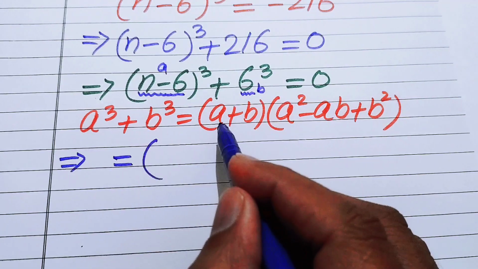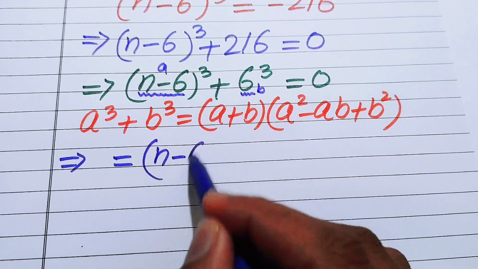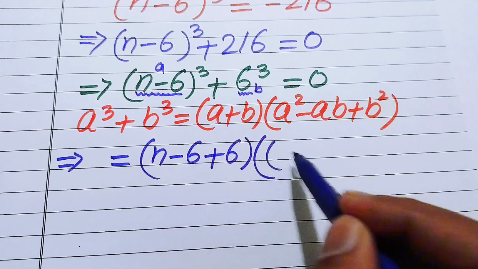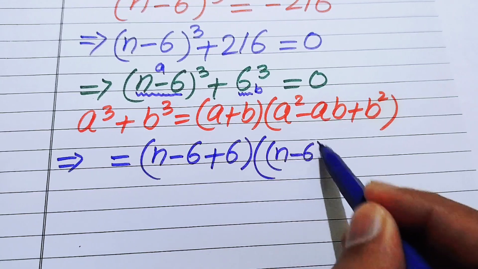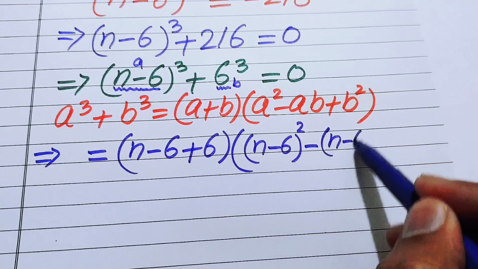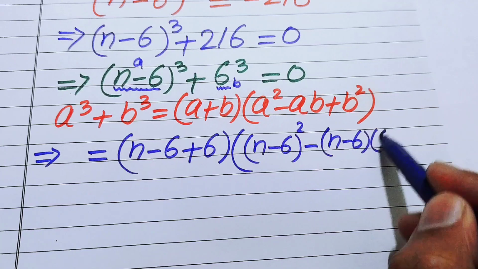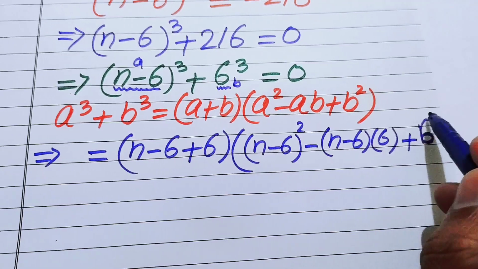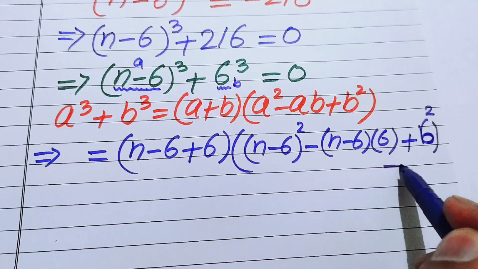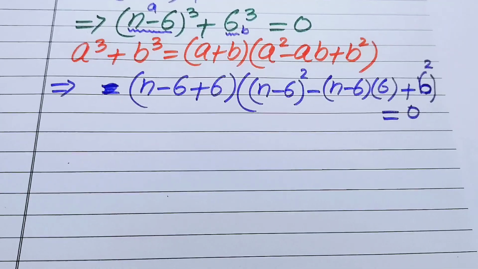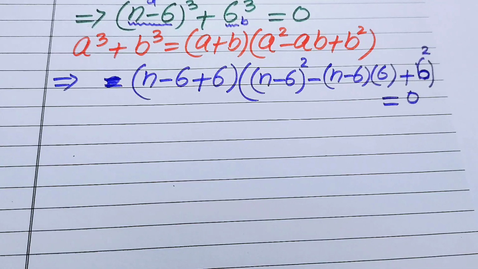Here you have a plus b, and the value of a is n minus 6 plus the value of b is 6, and here you have a squared, and a is (n minus 6) squared, minus ab, and a is n minus 6 into b is 6, and plus b squared, means 6 squared, and this whole equation equals 0.